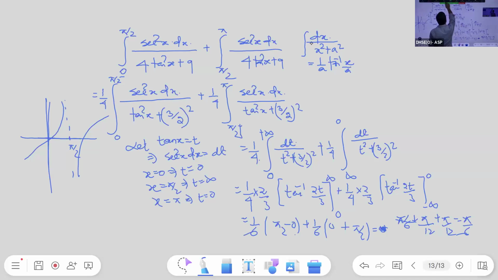Okay. Next, the next part is properties of definite integral.